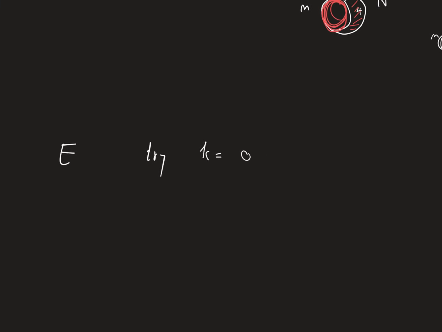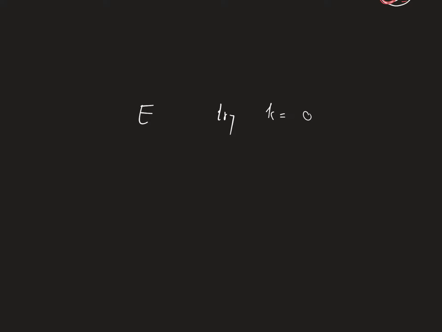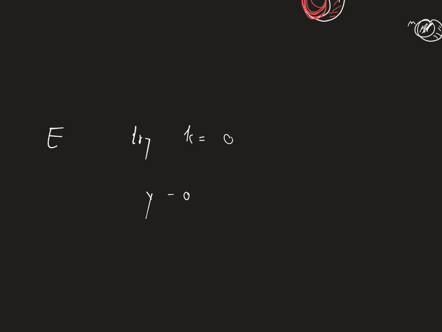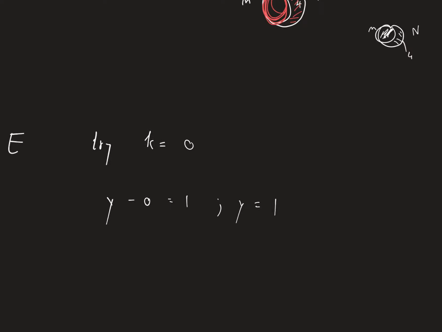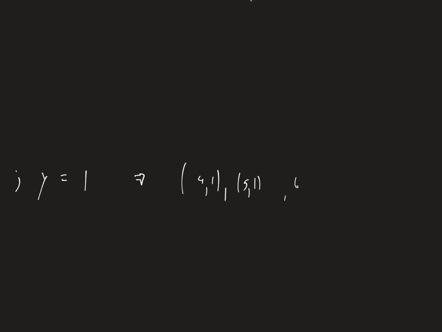So if k is equal to 0, then y minus 0 equals 1, or y equals 1, which in this case gives (4, 1), (5, 1), (6, 1), (7, 1), and (8, 1).